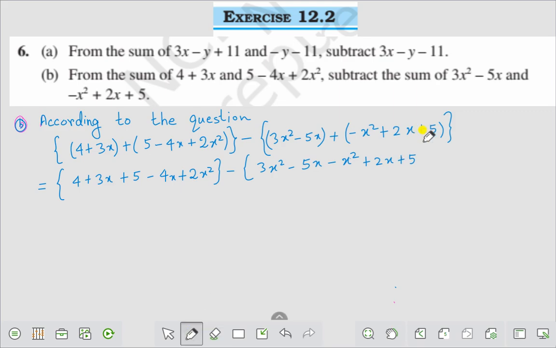Here you see, this is in second bracket.